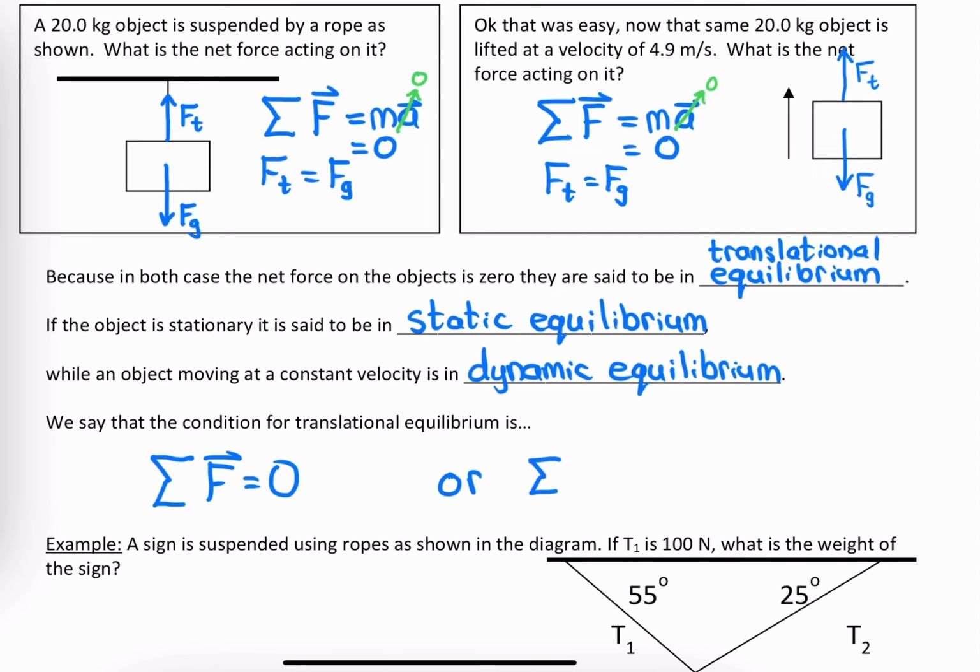One, that the net force in the x direction is 0, and the net force in the y direction is 0. We can think of it this way, or we can think of it this way. Both of them mean the same thing. The second one just explicitly mentions components, where the first one doesn't.